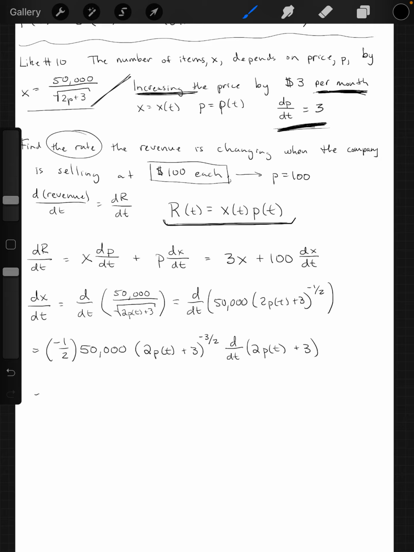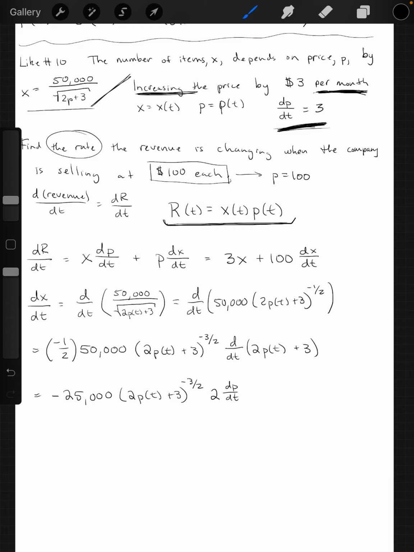So this combines to be negative 25,000 times (2p(t) plus 3) to the negative 3/2. And the derivative of that with respect to t is 2 dp/dt, because of the constant multiple rule and dp/dt is what we get when we take the derivative of p, and the 3 disappears.